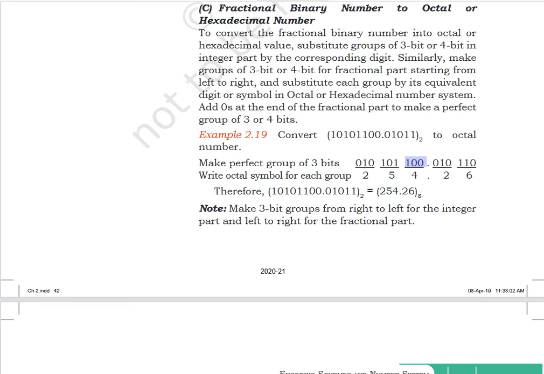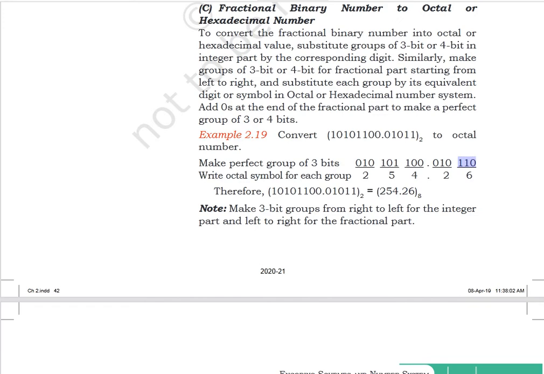For the left hand side of the decimal point, we will group like this: first 001, then 101, then 010, and on our right hand side here 010 and 110.